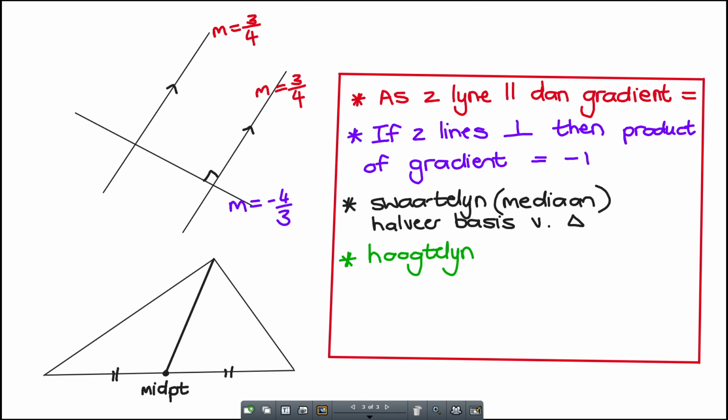So hoogtelyn, altyd loodreg op die basis. So ek kan vir jou, kom ons trek hom so. That green one.